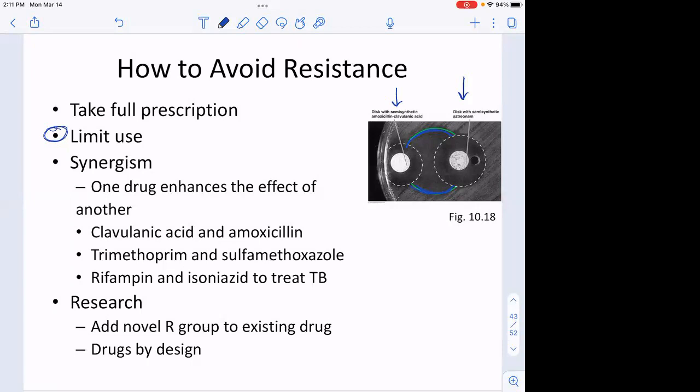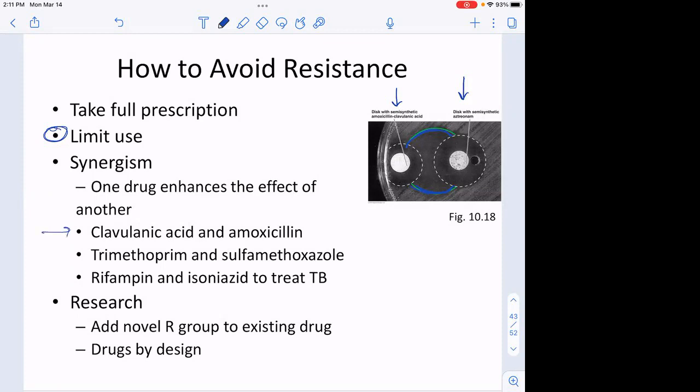So sometimes one drug will make another drug work better. Not always. If you're using a drug that stops growth with penicillin, okay, penicillin needs actively growing cells to work. So that wouldn't necessarily be the case. You can have one drug be antagonistic to another. But sometimes you put two together and they work better.